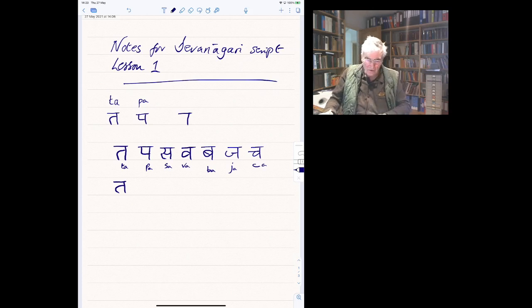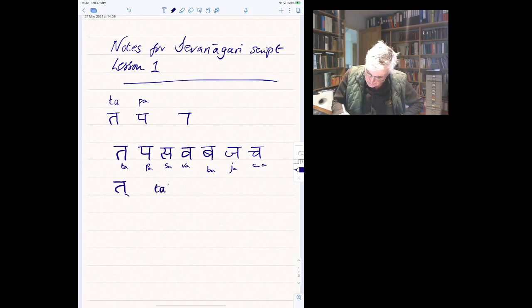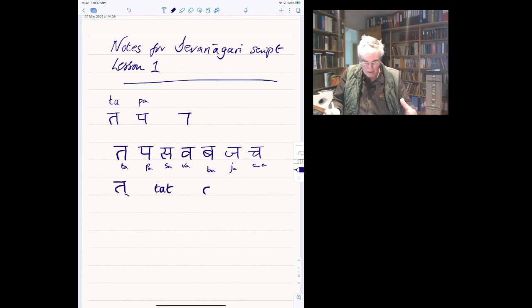If you want to write a letter without the following short a, you have to put the virama, that little stroke at the bottom that blocks the vowel. So, for example, tat. Now, if I wrote, this is ta, tat means that, as in the phrase om tat sat.